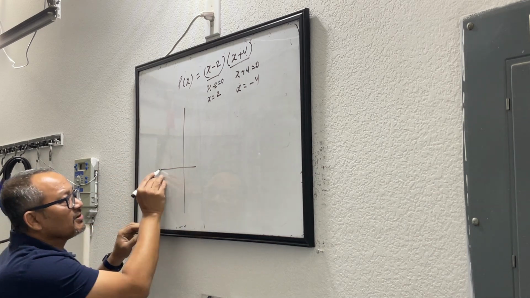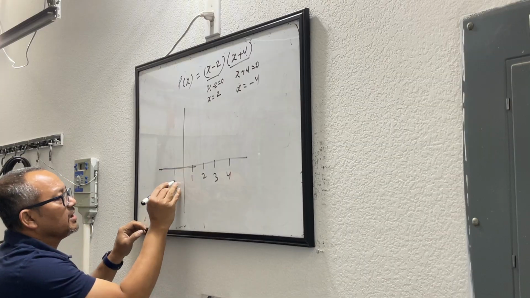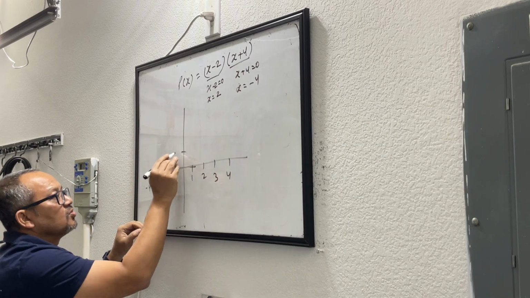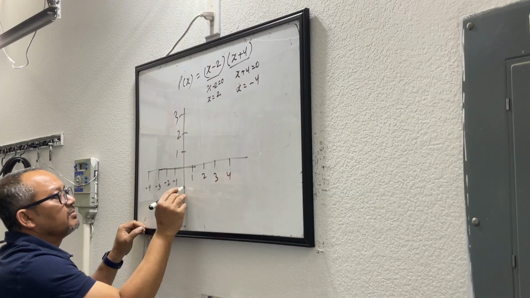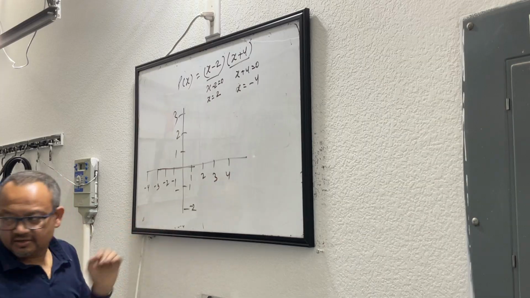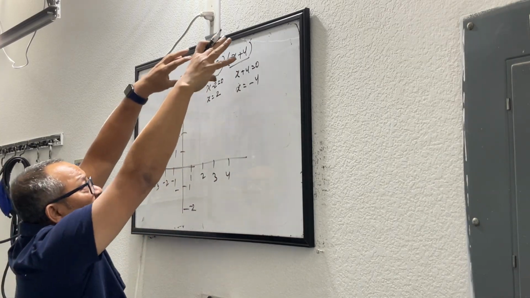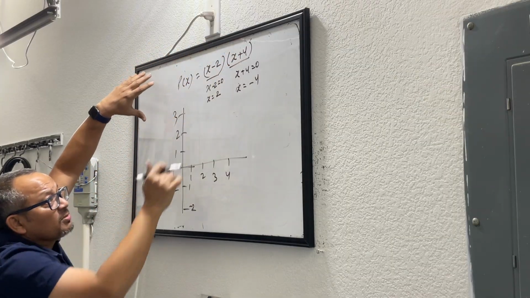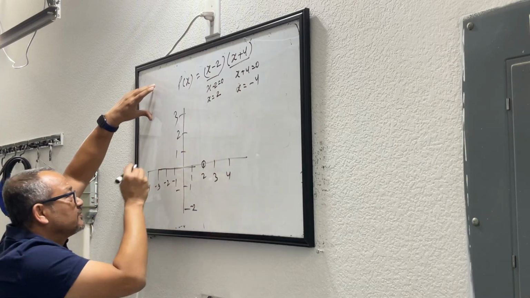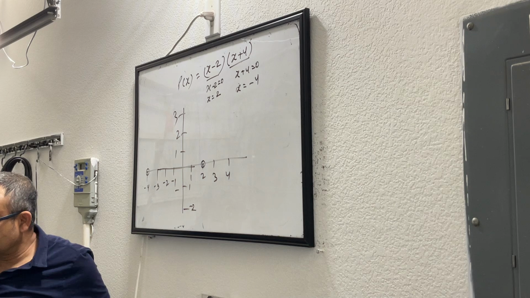So if I visualize this in the coordinate plane, this is 1, 2, 3, 4, minus 1, minus 2, minus 3, minus 4, 1, 2, 3, minus 1, minus 2. So here, your first interpretation from looking at this factored form is that when x is 2 or when x is minus 4, these are the points where my graph is touching the x-axis.